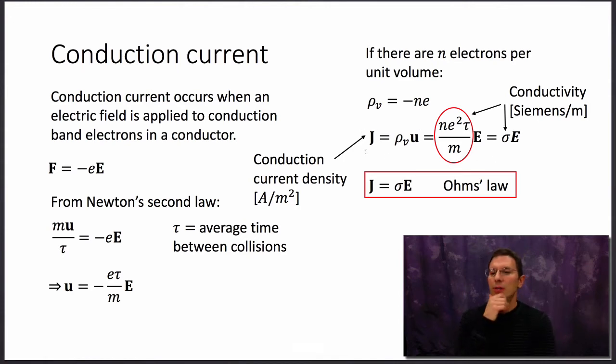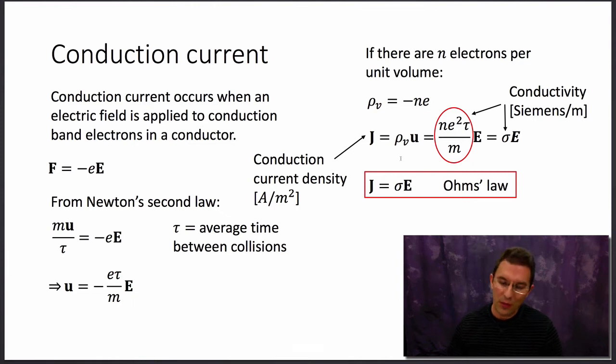The electric current density is equal to n e squared tau over m times the electric field. And we're going to make a definition. We're going to say this parameter here, the number density, the square of the charge on the electron, times tau divided by the mass of the electron, is equal to the conductivity of the material. Okay, and the symbol we use for conductivity here is sigma. So basically, J is equal to sigma times E, and this is the so-called Ohm's law. This is Ohm's law right here.